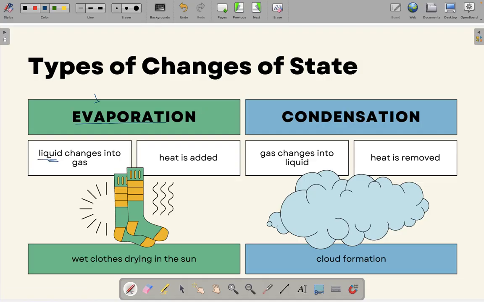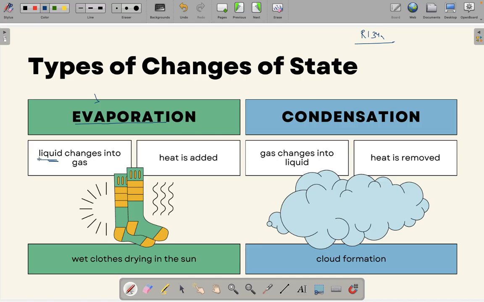Not only water undergoes evaporation, other liquids may also undergo evaporation. Water is the most common substance that we see evaporating, but there can be other substances as well. For example, the liquid that is used in our ACs, that is R134A. This is a type of liquid that also evaporates and condenses.